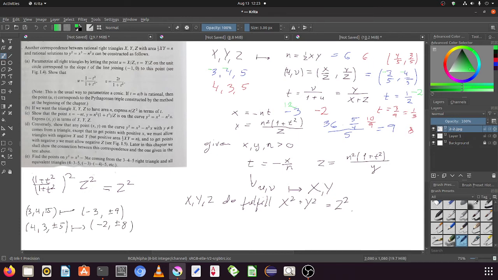And then we have to compute y, 36 times t squared, that's 4, divided by 5, 4 divided by 5.